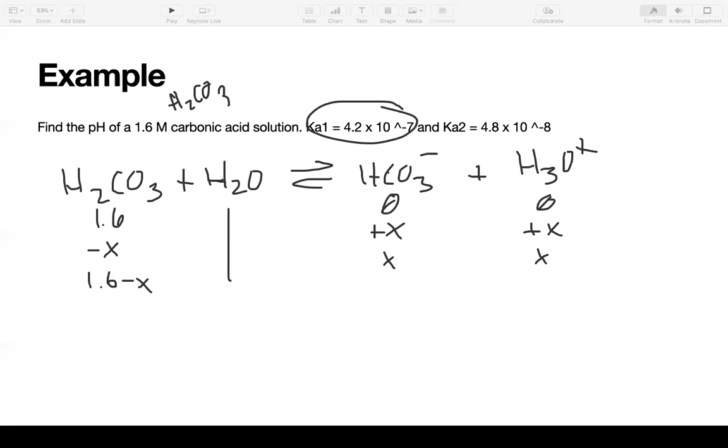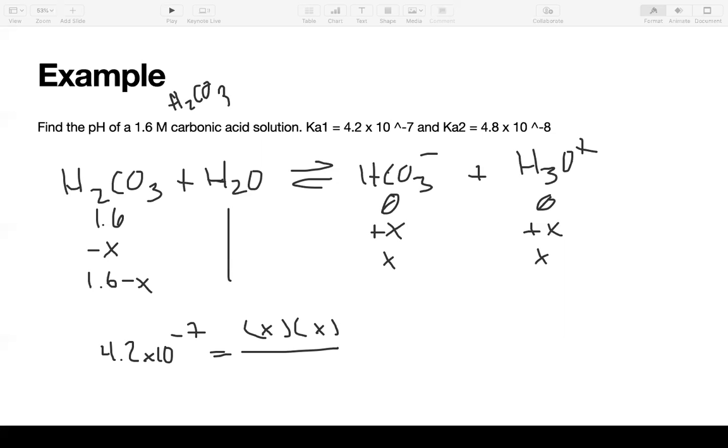So now this is where Ka would play a factor. So we could do our first Ka, 4.2 times 10 to the negative 7 is equal to x multiplied by x divided by 1.6 minus x.